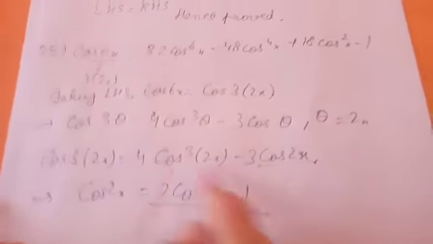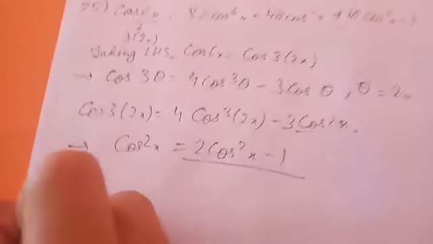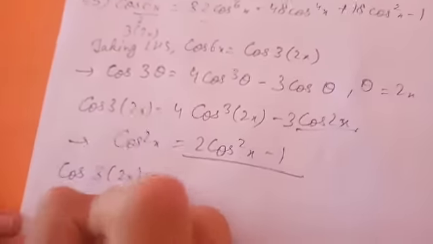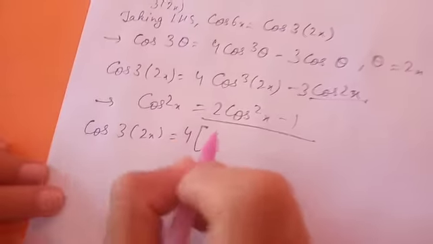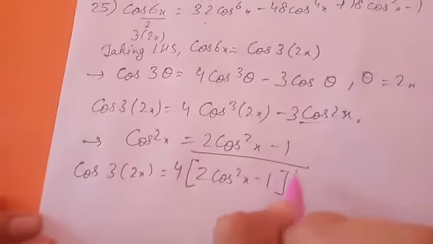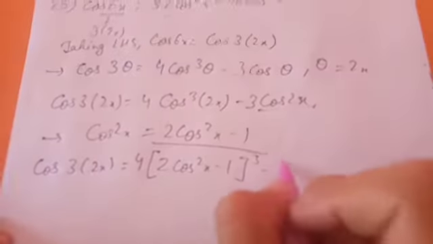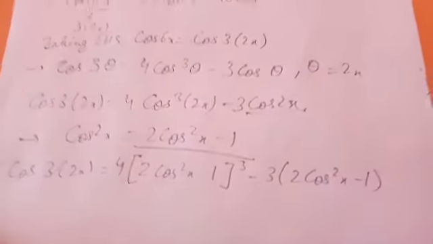This formula you can replace at every place of cos 2x. So what we will get is cos 3 into 2x is equal to 4 times 2 cos square x minus 1 whole cube minus 3 times 2 cos square x minus 1.